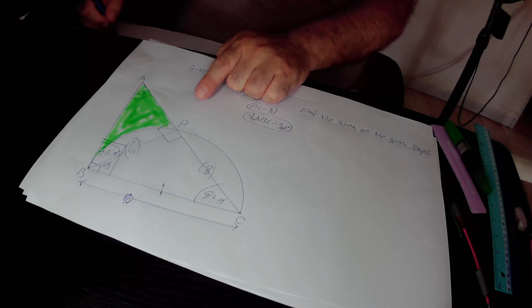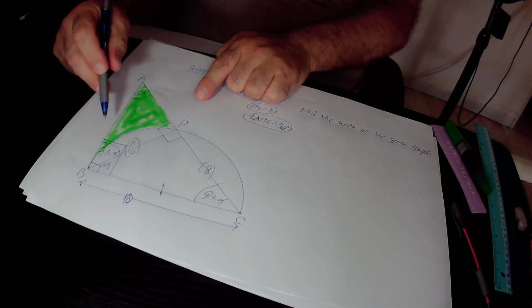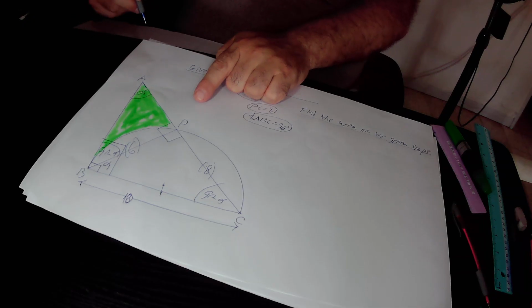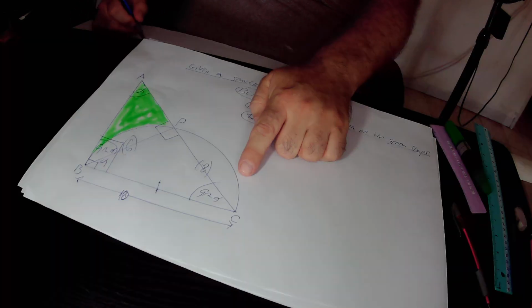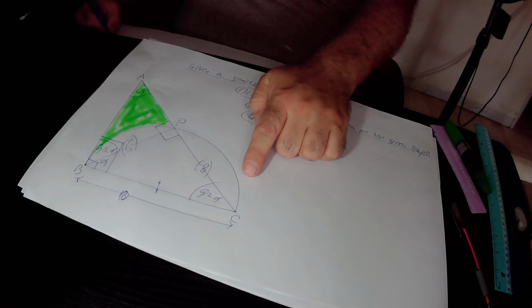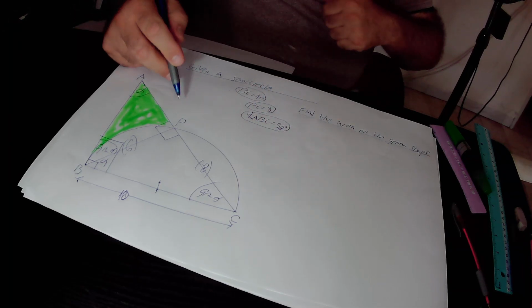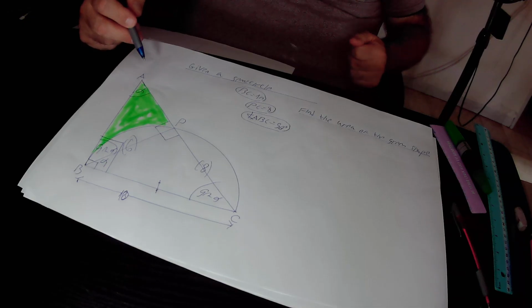And also that side PB of the right triangle APB is equal to side PB over side PC of the right triangle PCB. Actually, side PB is a common side that belongs to both triangles.